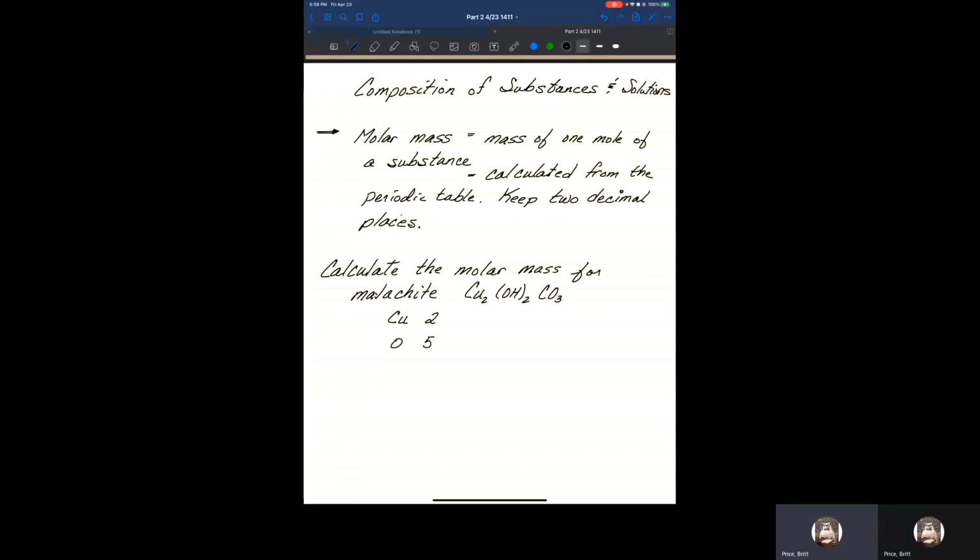I've got 5 of them, 2 with the 2 hydroxides, and then 3 more in the carbonate. Hydrogens, 2, and carbons, just 1. So that's 63.55, 16.00, 1.01, and 12.01.